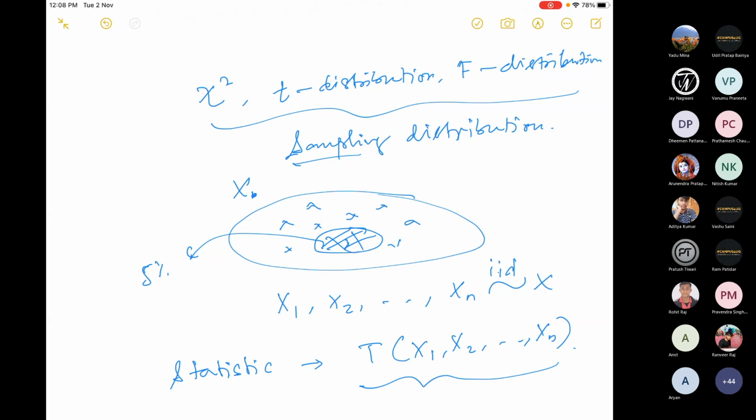And now today what we'll do, see, our original goal was to say something about the population from the sample, from the random sample. And we also said how we are getting this population, because we are measuring something corresponding to some experiment.